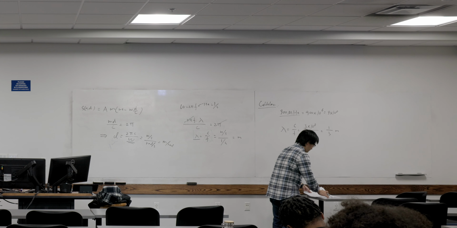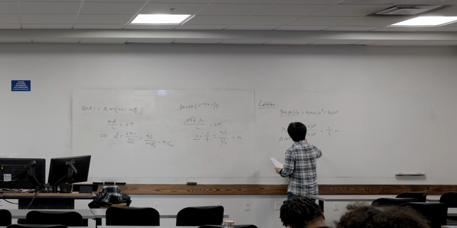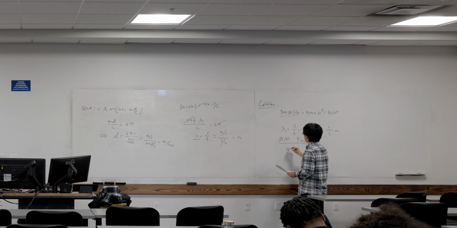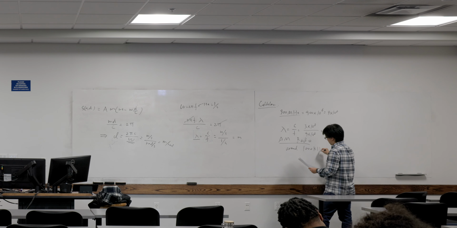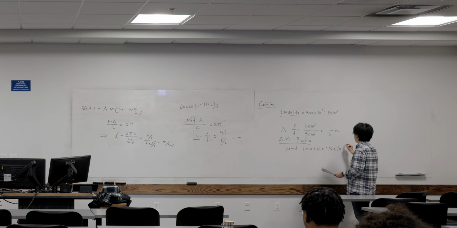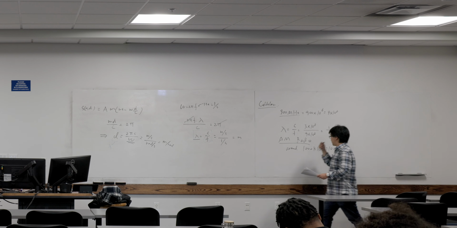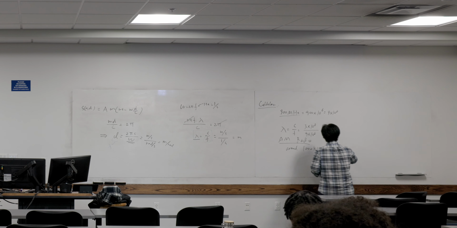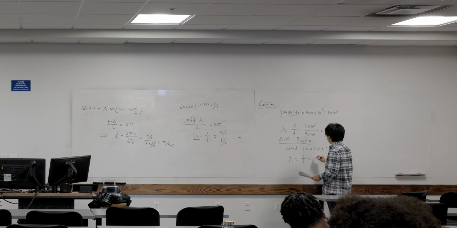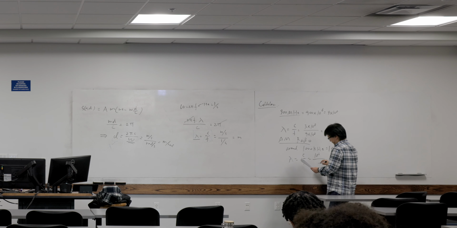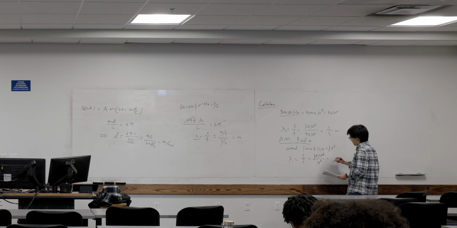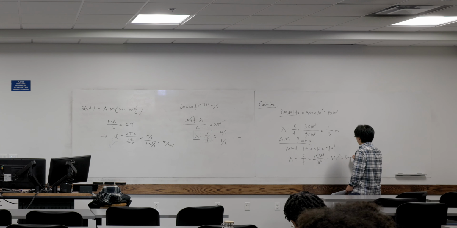On the other hand, if we look at AM radio, the frequency is around 1,000 kilohertz, which is 10 to the power of 6 hertz. If we compute the wavelength, lambda equals c over f, so that is 3 times 10 to the power of 8 divided by 10 to the power of 6, which is 3 times 10 to the power of 2, so 300 meters.